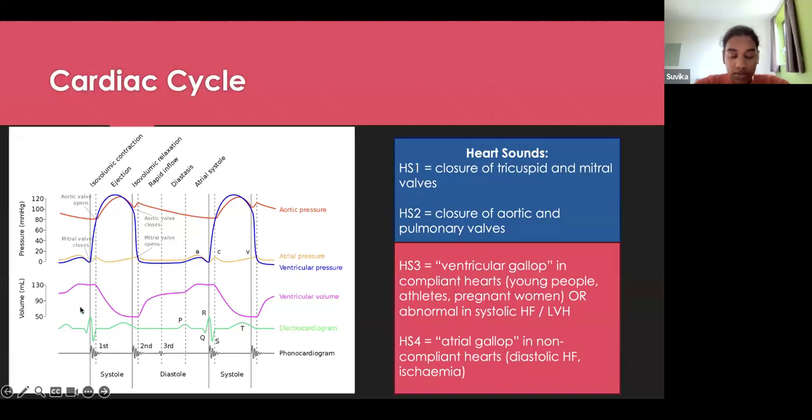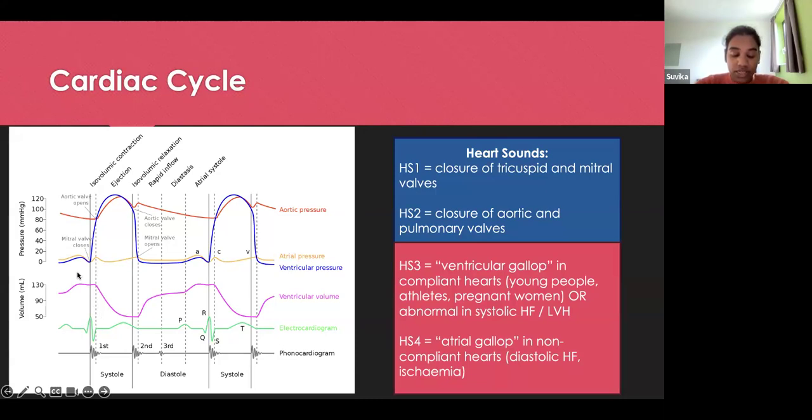The first heart sound only occurs when your mitral valve closes, and that's when your ventricles squeeze, contract, and the pressure of the ventricle is greater than the atria. So that shuts your mitral or atrioventricular valve. So P wave is actually your atrial contraction. It shouldn't be related to the first heart sound. Okay.